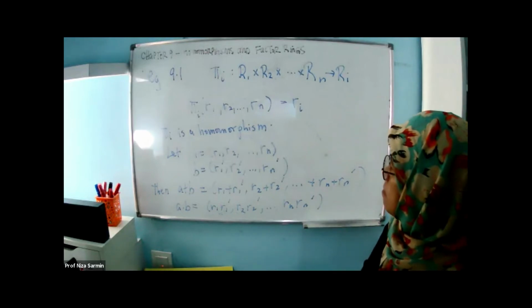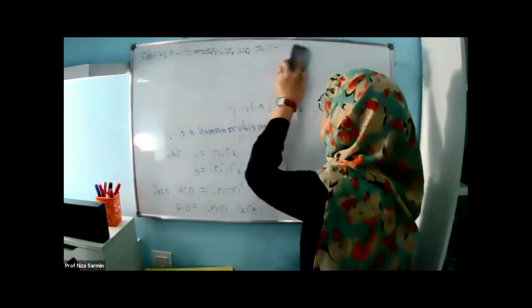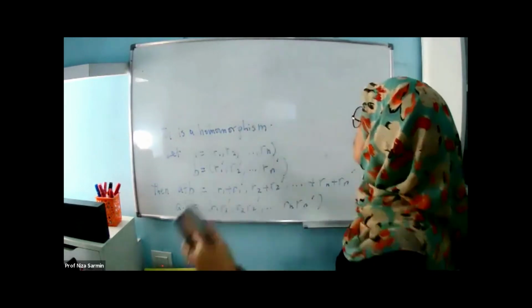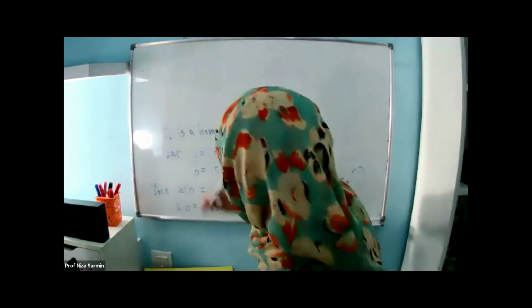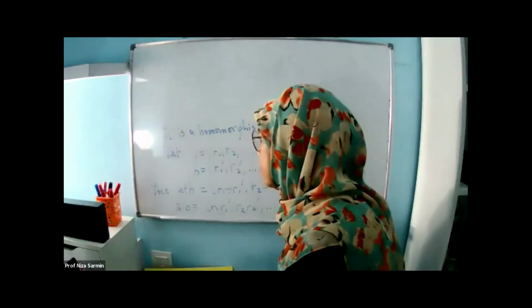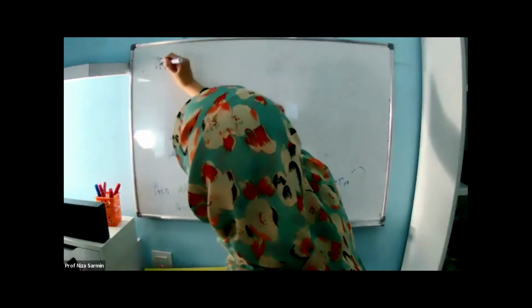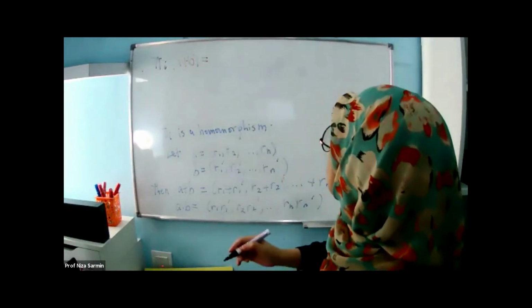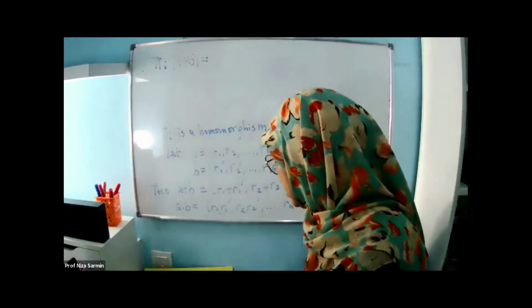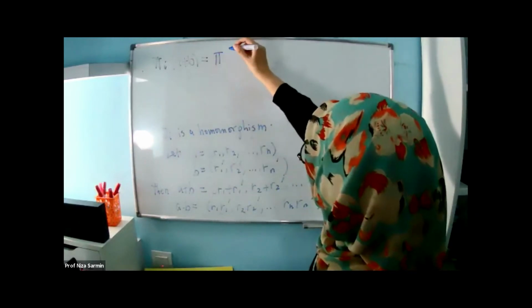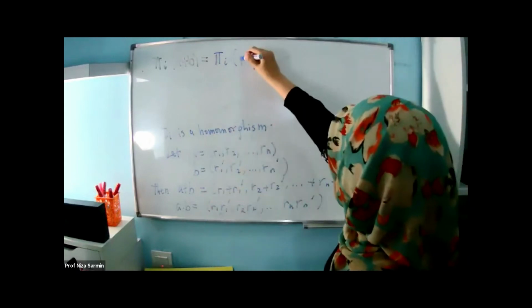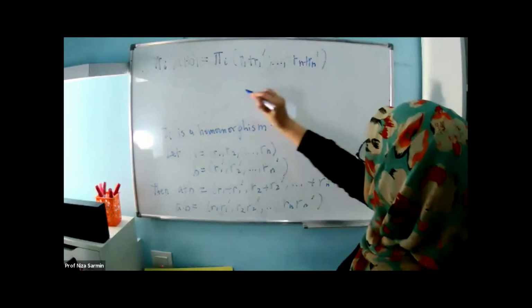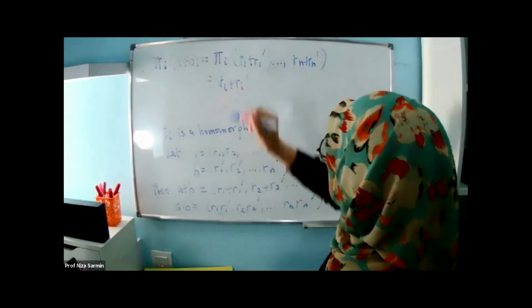Okay, so I erase this whiteboard. So you have to start with phi I of A plus B, which is phi I of (R1 plus R1 dash, ..., Rn plus Rn dash). The answer is Ri plus Ri dash.